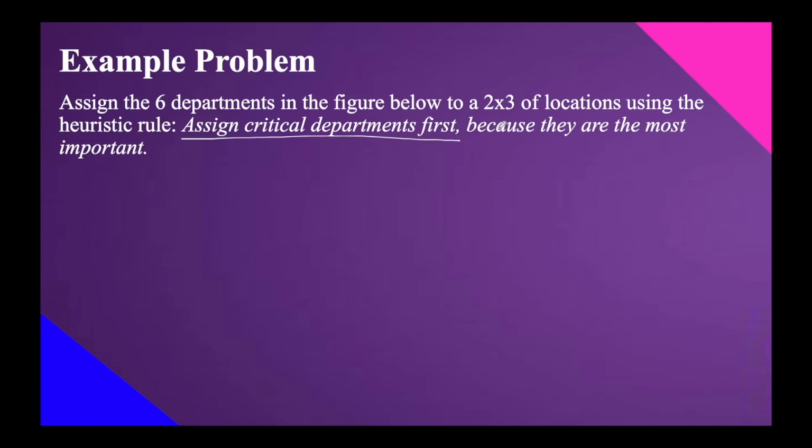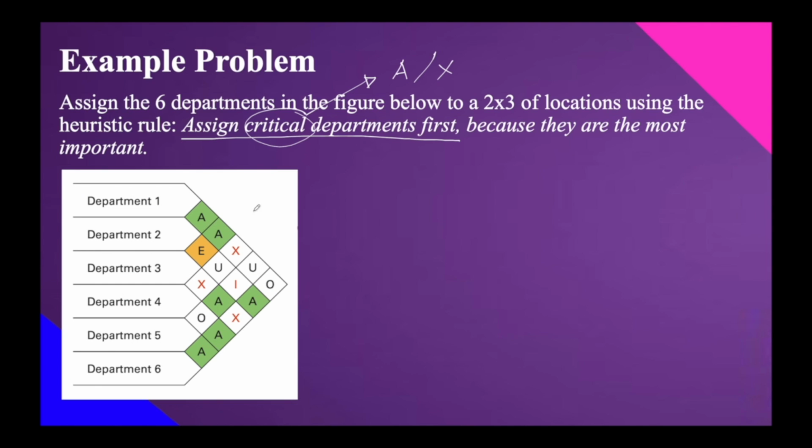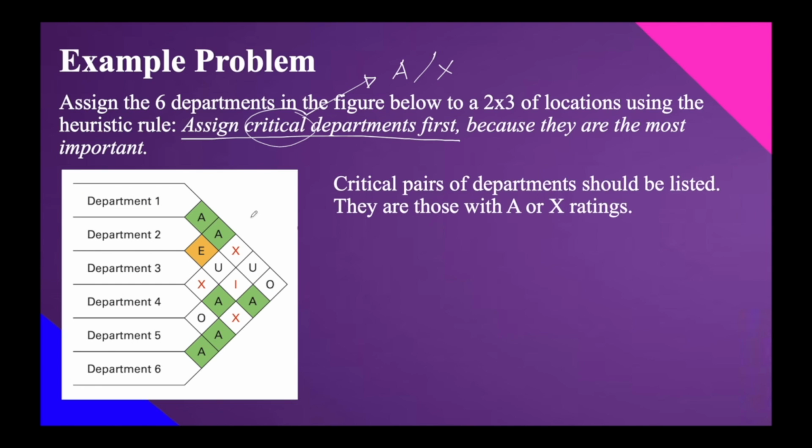When we say critical departments, these are the departments na merong A and X ratings, because they are the most important. Okay, now, this is the given. Critical pairs of departments should be listed. They are those with A or X.